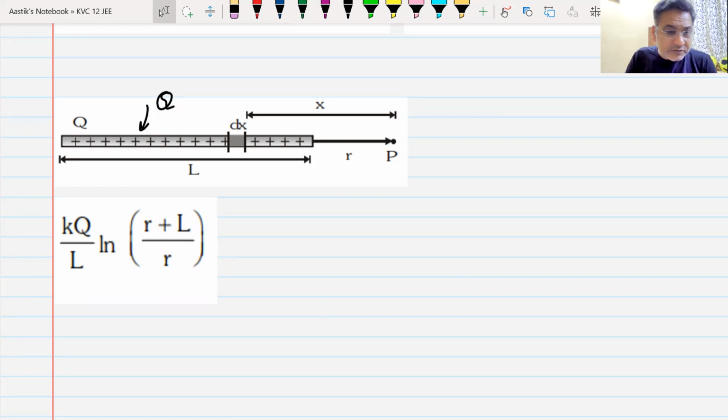Just note it down. Electric potential due to a rod.